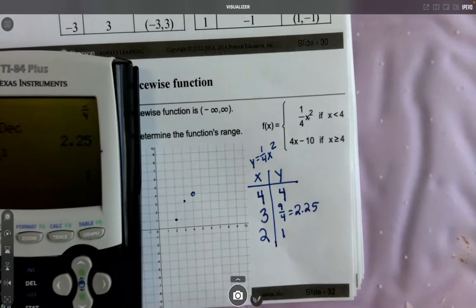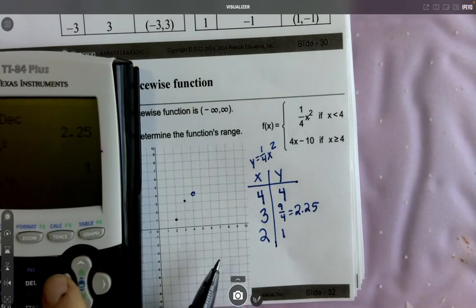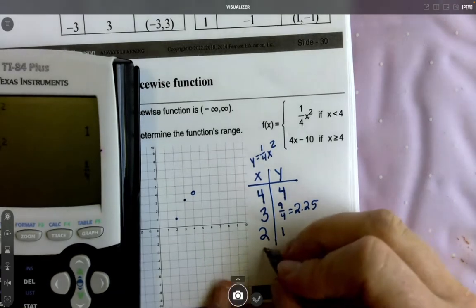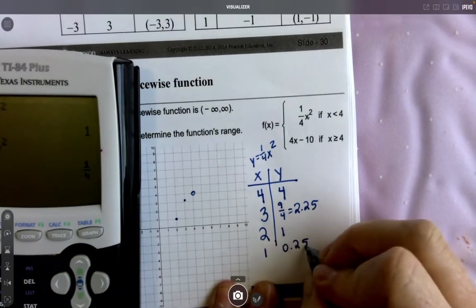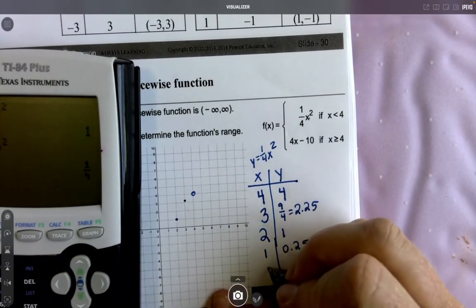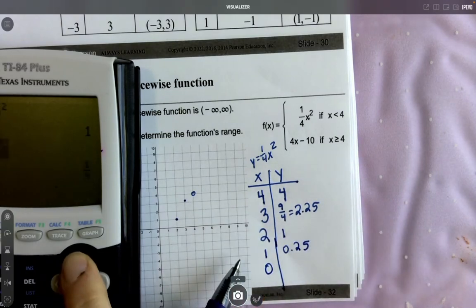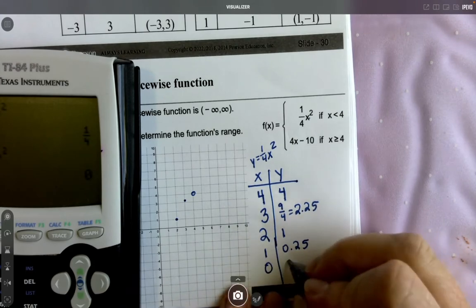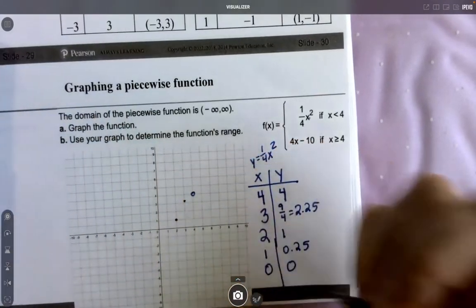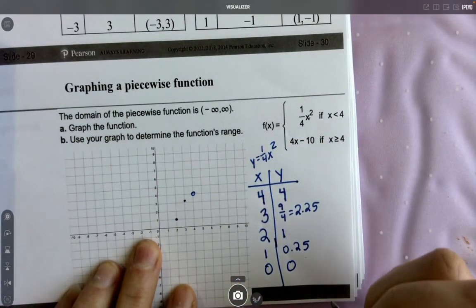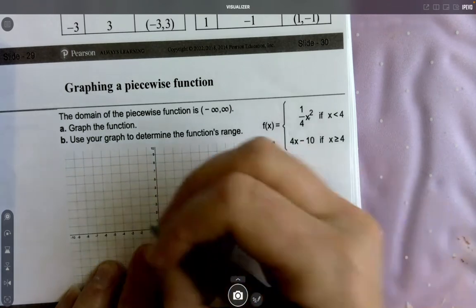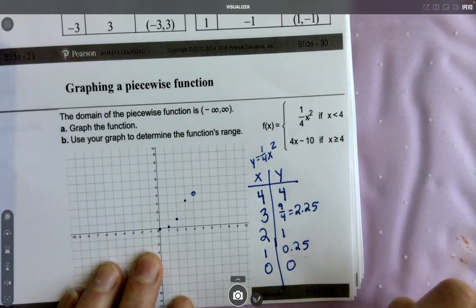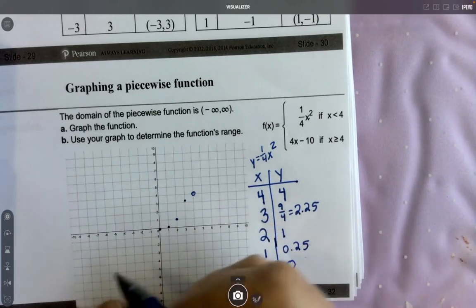And then let's do one more. 1, 1/4. No, I'll do 2, 0. So 0, 0, 1, so it's like that. And it's going to keep on going.